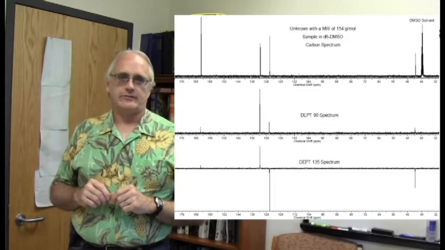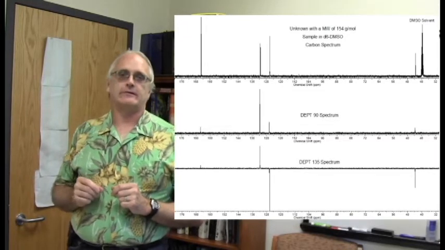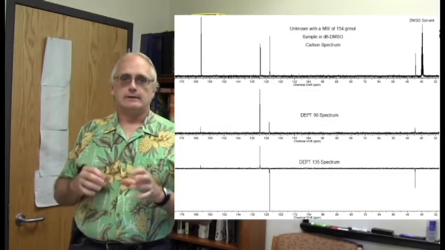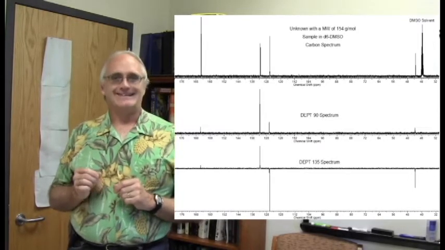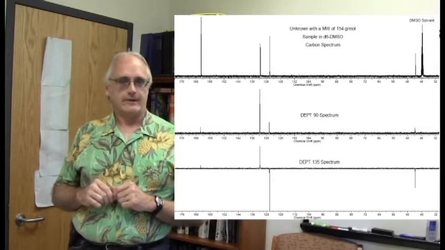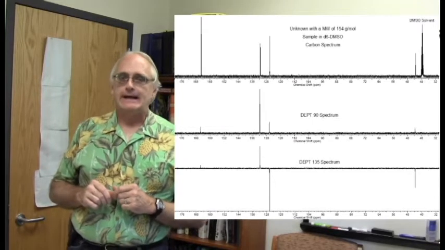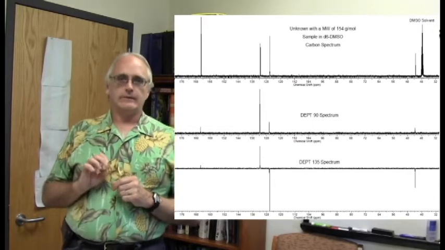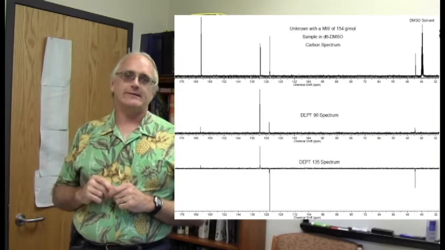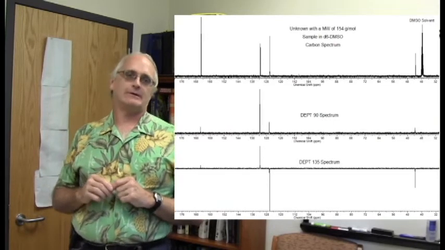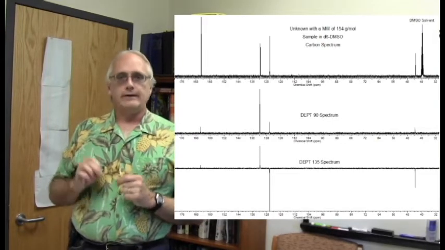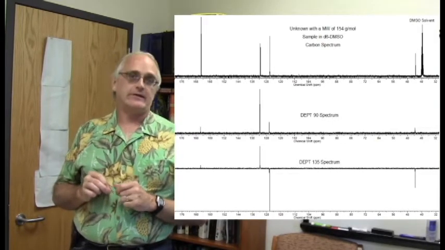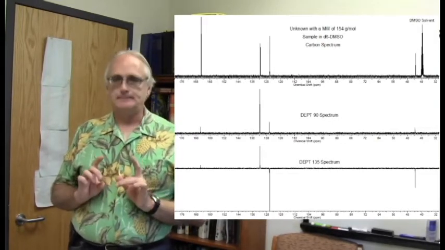The chemical shifts of 2 of the carbons are consistent with alkene up there above 120. We have a fairly downfield carbon here at 45 ppm roughly, and then another carbon up here at about 165, 166 ppm. Looking at the DEPT 90, one of these carbons is a CH, and only one.